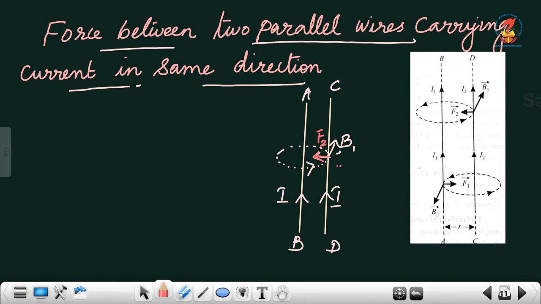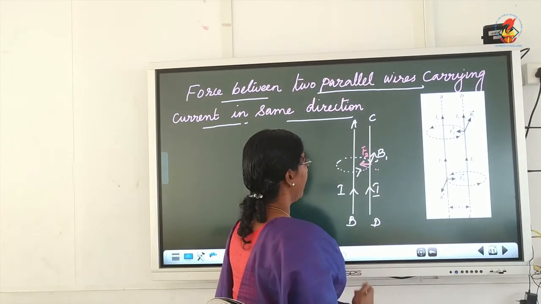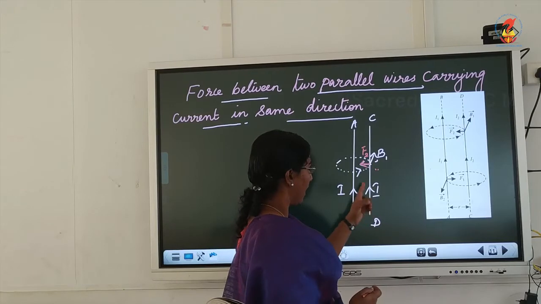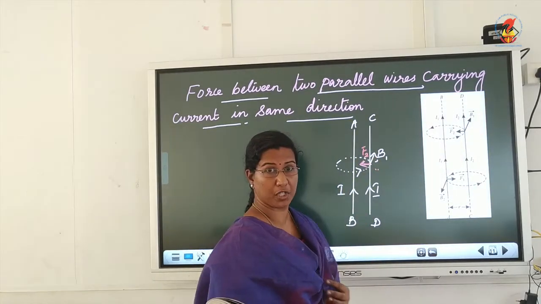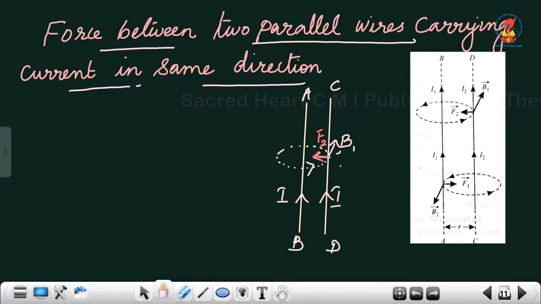Field, current, force direction. In the same way, conductor CD is also having a current passing in the upward direction, so definitely it will also produce a field around it. The field is coming like this, and at this point the field will be coming out.